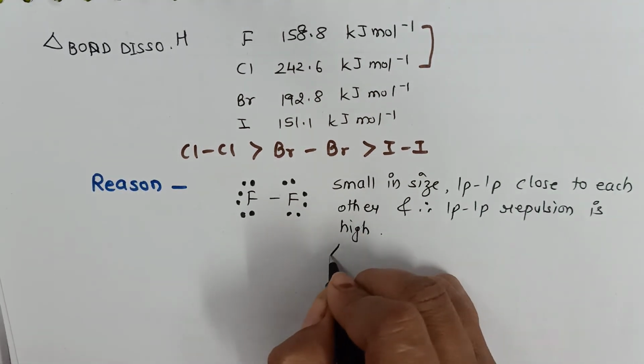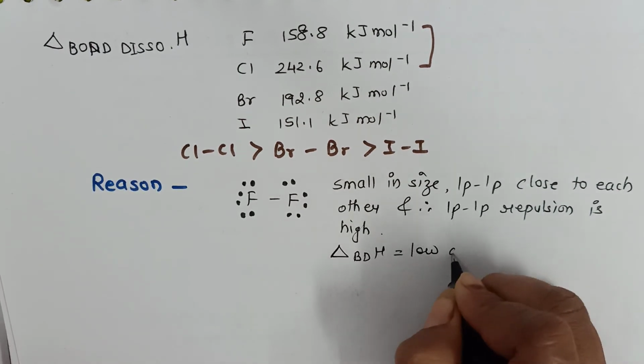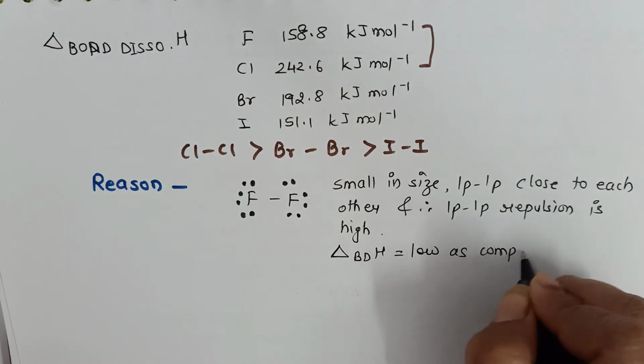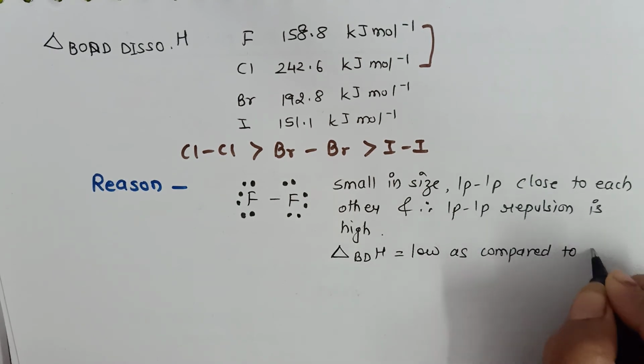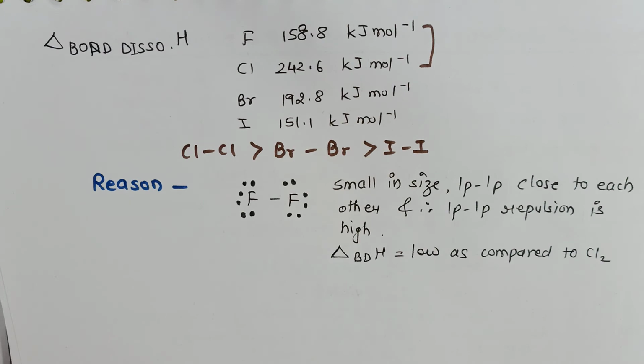As a result, the bond dissociation enthalpy is low as compared to that of chlorine. In chlorine, the size is bigger, so the lone pairs lie a little bit away from each other. So the repulsion reduces.